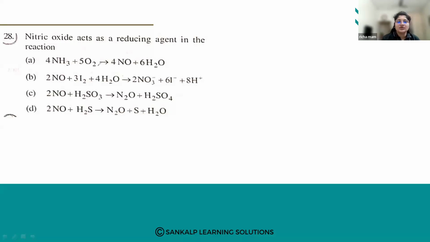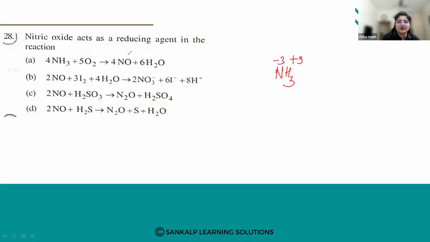So check the nitrogen oxidation state. Nitrogen in NH3, this becomes -3.